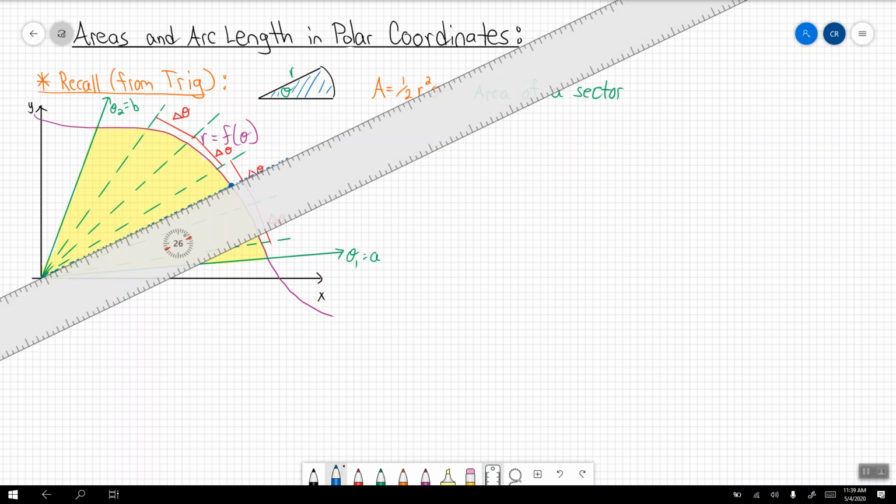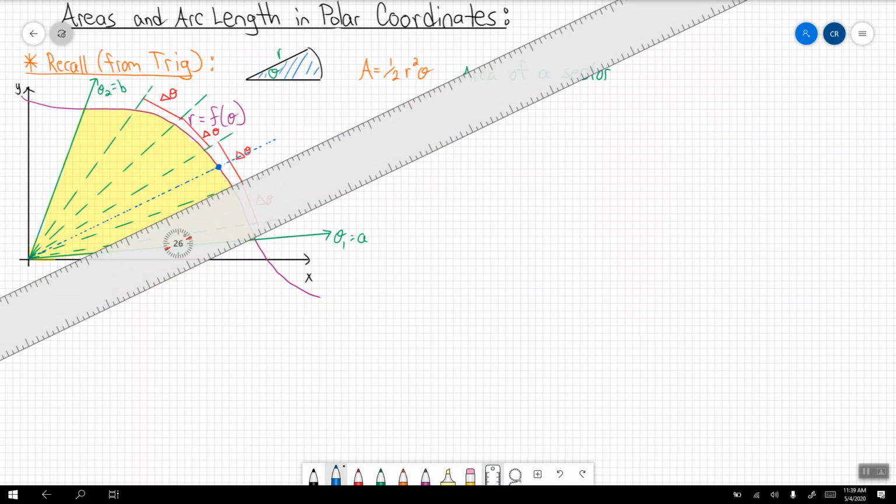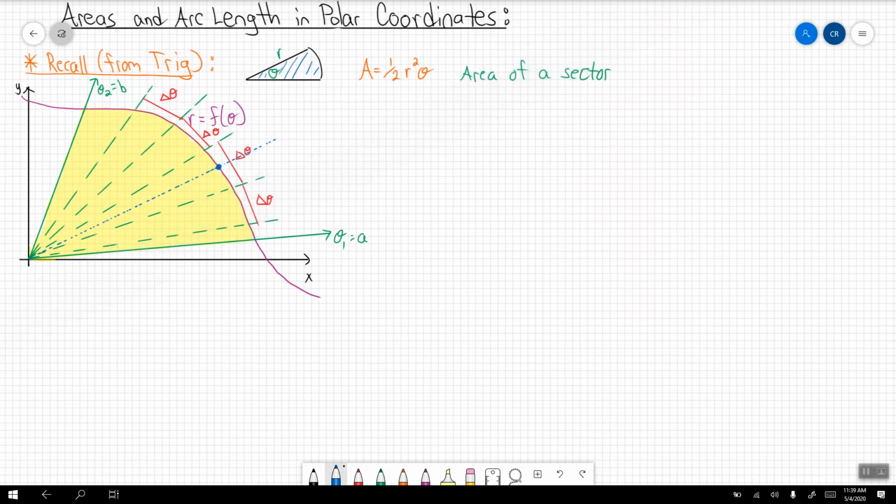Now, this value that I'm choosing here, this blue line, I'm going to call this theta I, and this is going to be a sample point that I'm going to be looking at. Now, what does this point actually represent? Well, this value right here is just going to be the function evaluated at that given theta measurement.